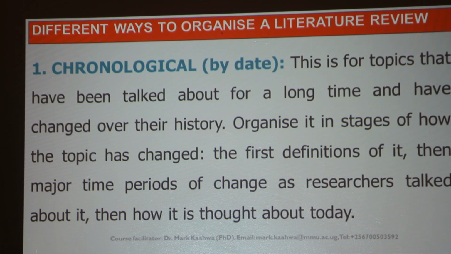If you are going to arrange your topic using this chronological order, you will start by reviewing literature around 2020, what happened in 2020, then 2021, what were the major trends concerning COVID-19 in 2021, then what happened in 2022, and in 2023, and now what is currently happening in 2024.